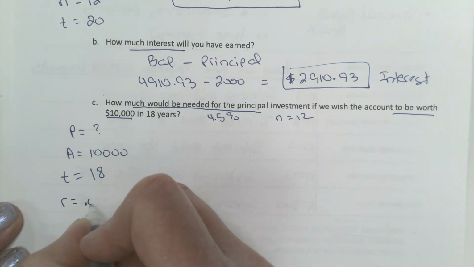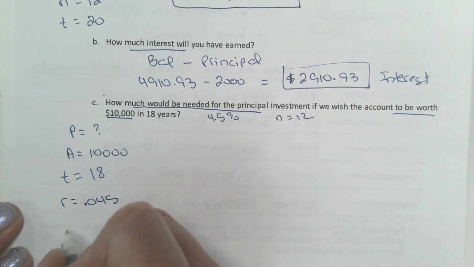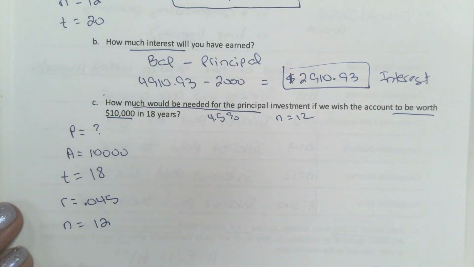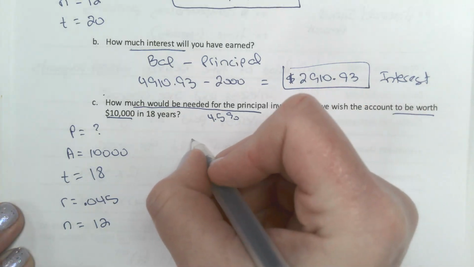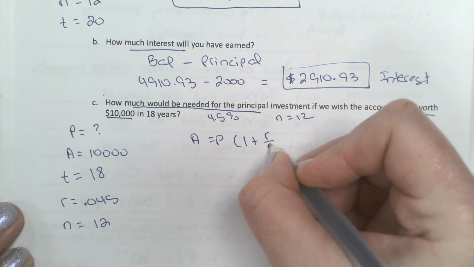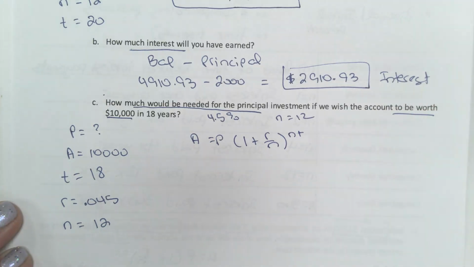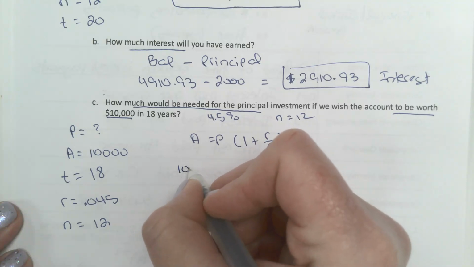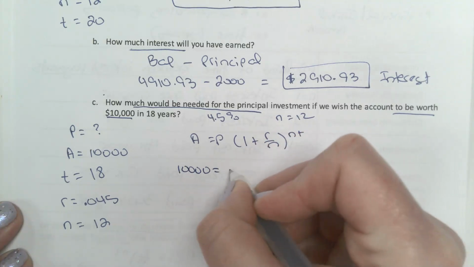So my rate is still 0.045 and my N is 12. So A equals P times (1 plus R divided by N) to the NT. Now I'm going to substitute in everything that I know.